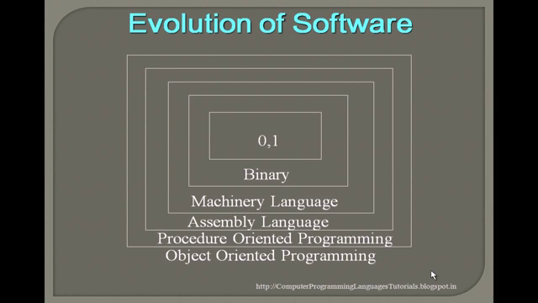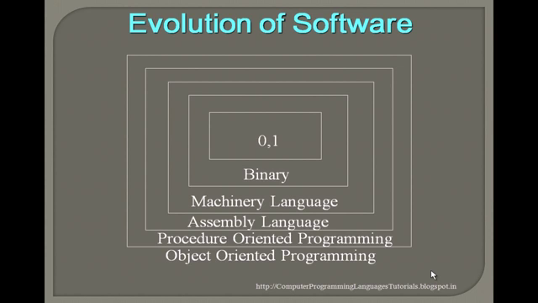It means in today's date, the latest layer is object-oriented programming. But the special thing about this diagram is that today all these layers are equally functional. Therefore, before going to object-oriented programming, you must know about procedure-oriented programming language, that is C language.